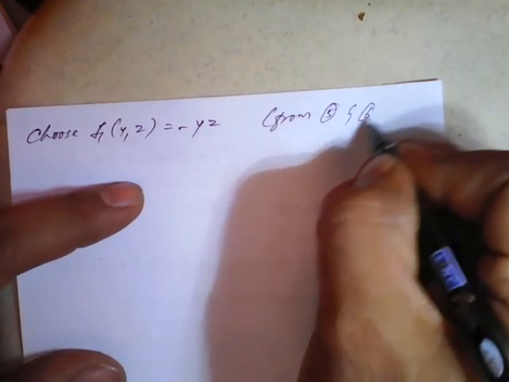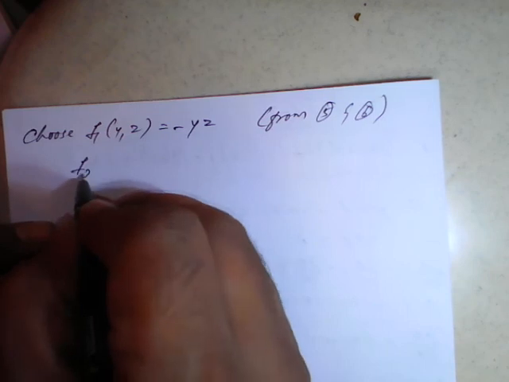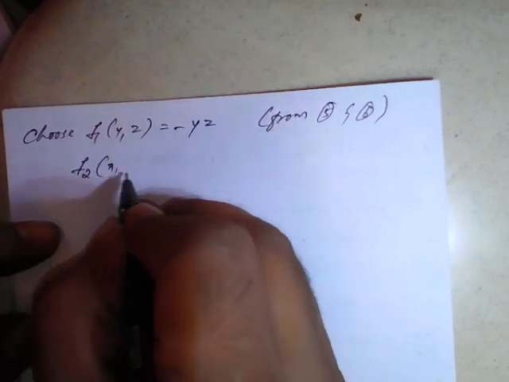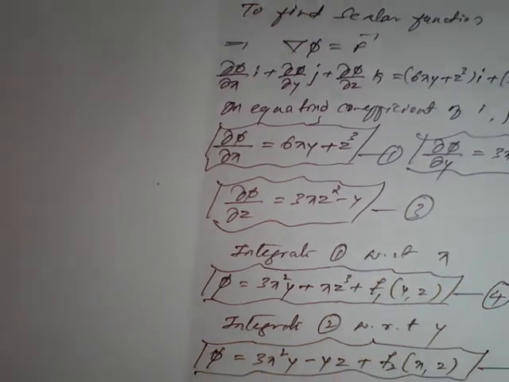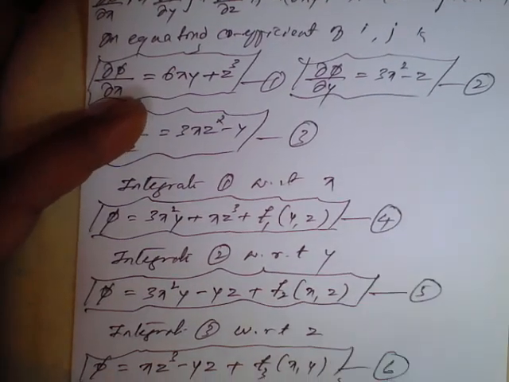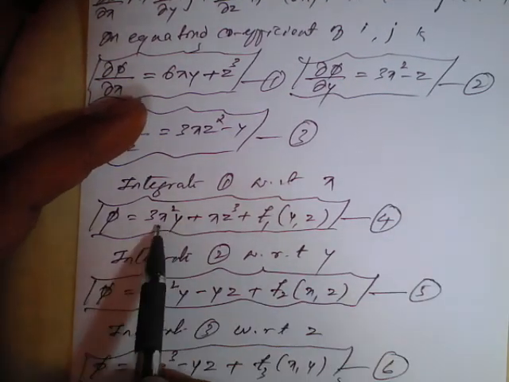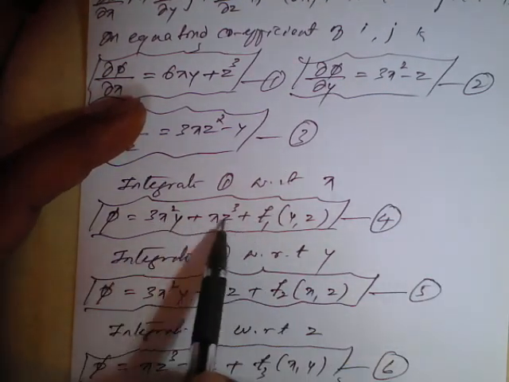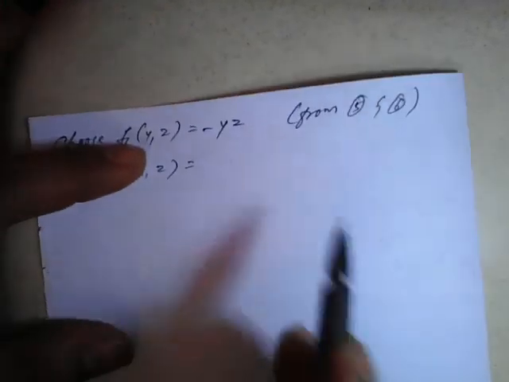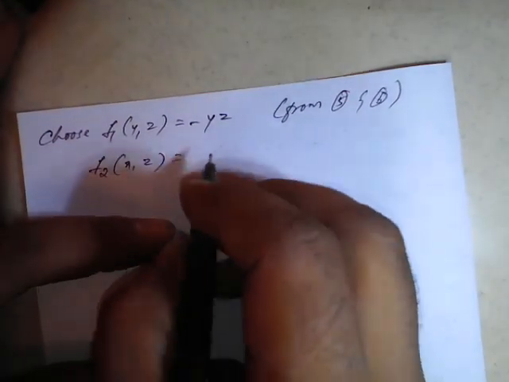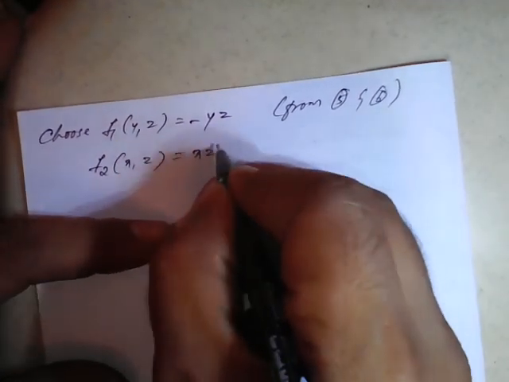Similarly, to find f2 of xz, from equation 4 and 6. What is equation 4 and 6 here? In equation 4 and 6, we have to see the term free from y. Free from y is xz cube and xz cube, which is also common in both equations. So it will be xz cube.